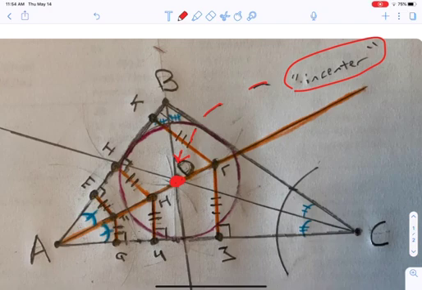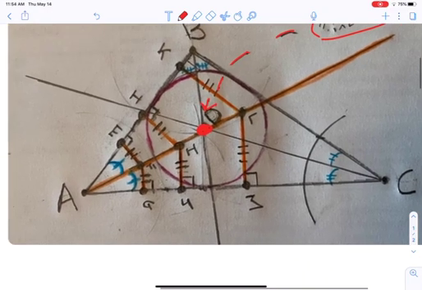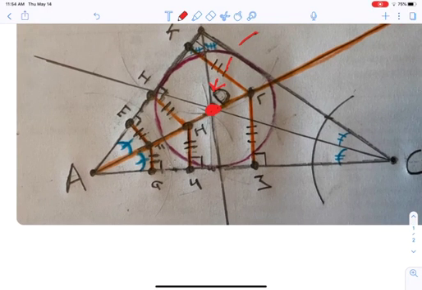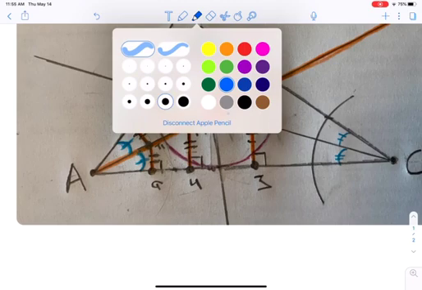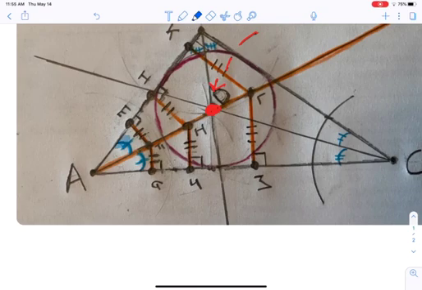First of all, by definition, the three angle bisectors bisect the angles, which means that, for instance, this angle here, I'll try to show it in this blue highlighter, and this angle here.